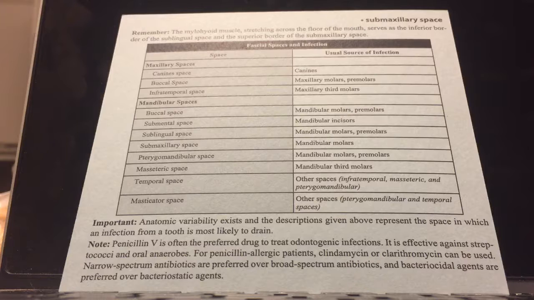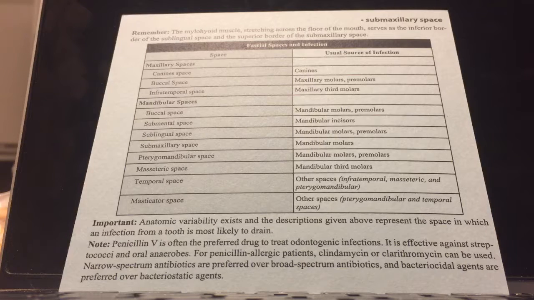Anatomic variability exists, and the descriptions given above represent the space in which an infection from a tooth is most likely to drain. Note, penicillin V is often the preferred drug to treat odontogenic infections.